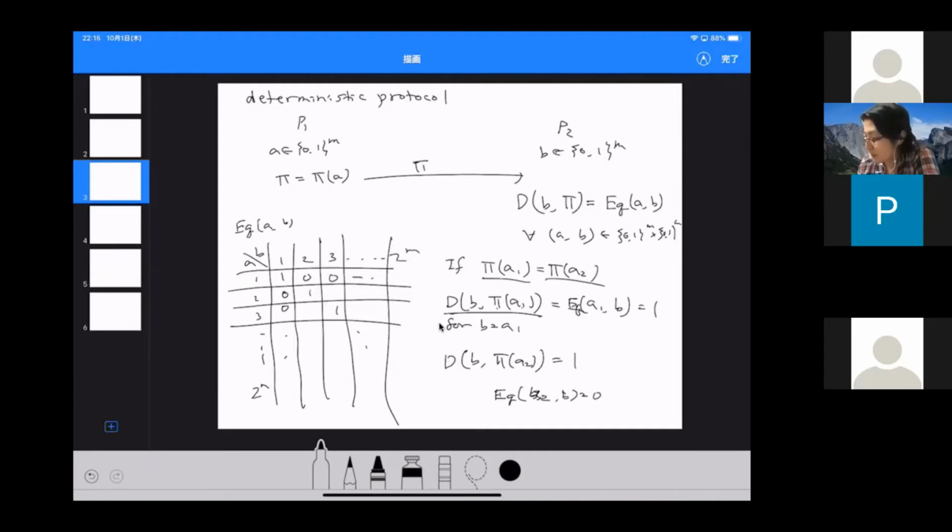So for A2 and b, the output does not coincide with the function value. So in order to satisfy this condition for every A and B, P1 has to send m bits, if we only consider deterministic protocols.